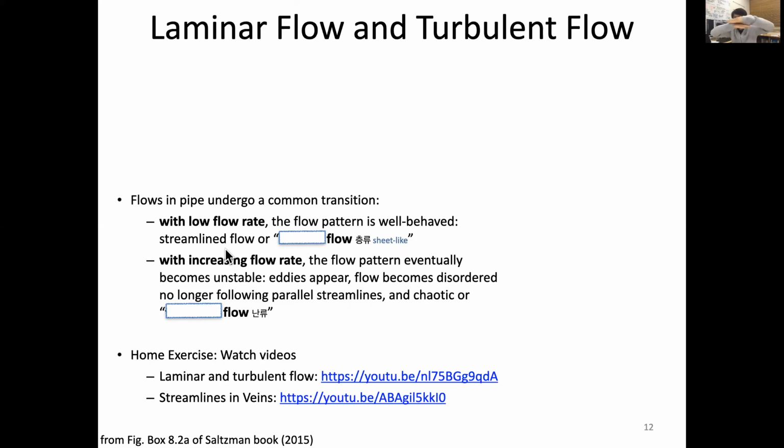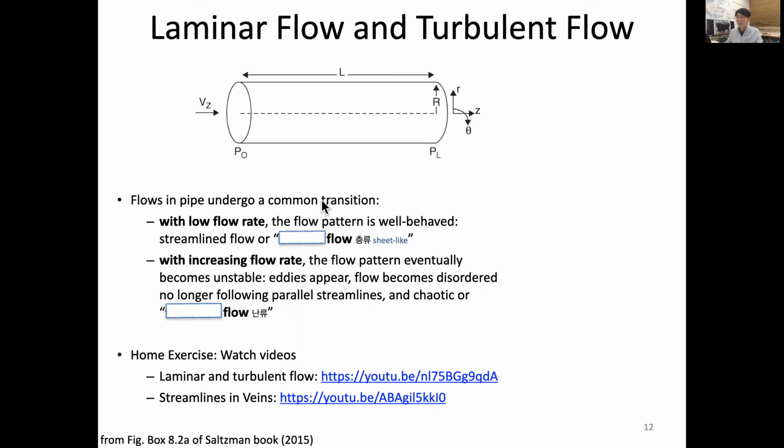They are very well aligned, and that we call laminar flow. Think about this pipe flow: if all the flows from here to here are well layered and do not communicate much, we call it laminar flow. They are usually steady state because it doesn't change much.